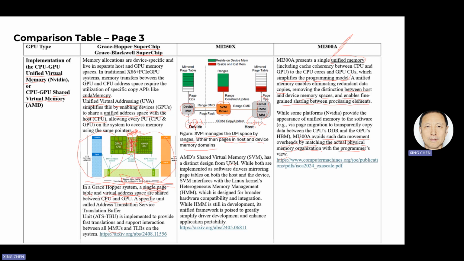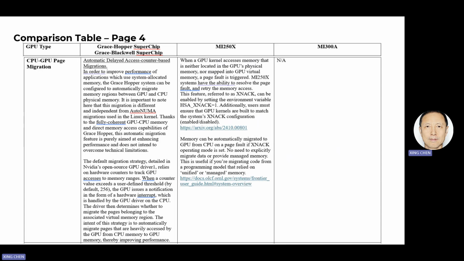Now, we discussed this kind of unified virtual memory or shared virtual memory. In this discussion, we have mentioned the page migration. So we need to have a look at this page migration.